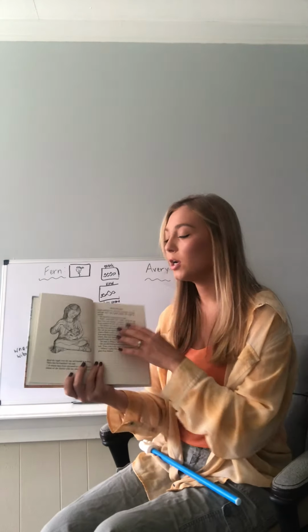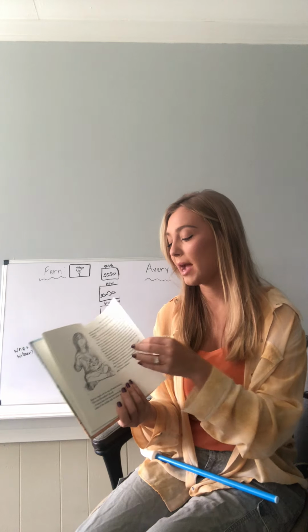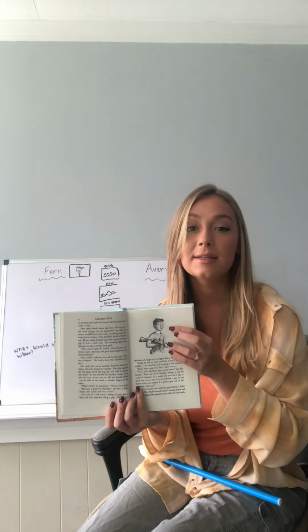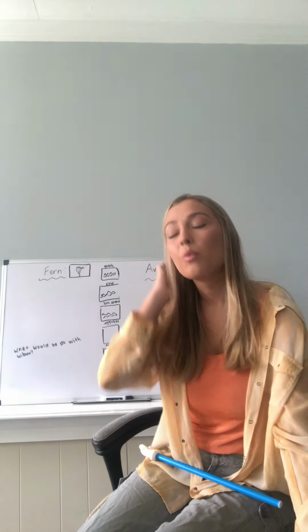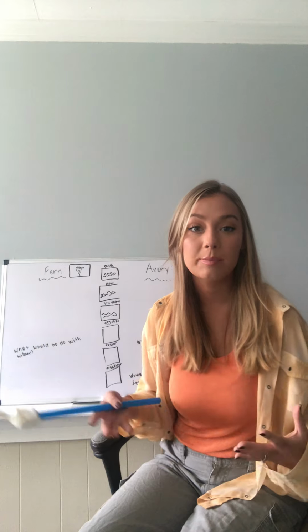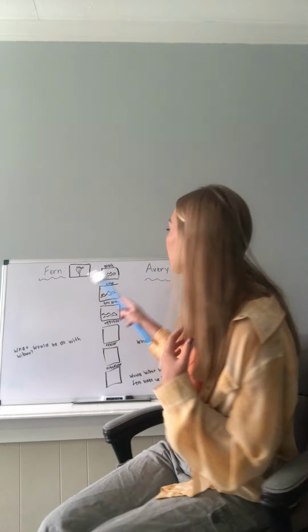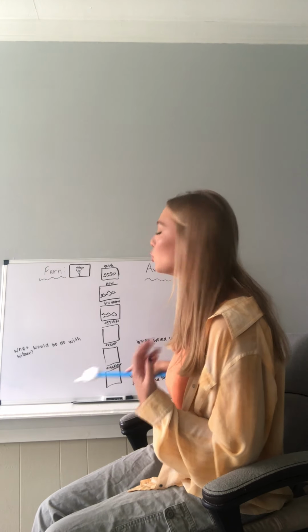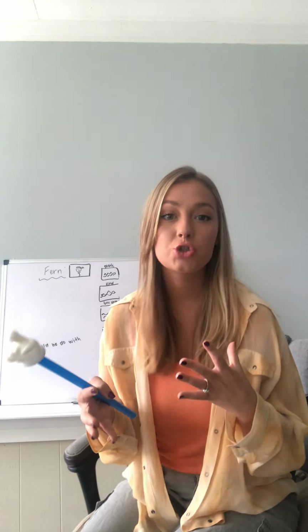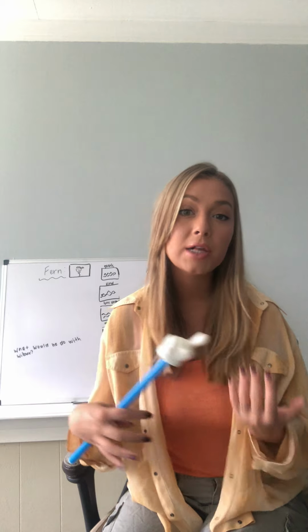So for Fern, this would be her picture. I would have had that printed, and for Avery, I would have had this picture of him. And when we're talking about character traits, the character traits are labeled such as gentle, kind, and there are also pictures of them too. So students can connect prior knowledge to new words or new knowledge that they're learning in this activity.